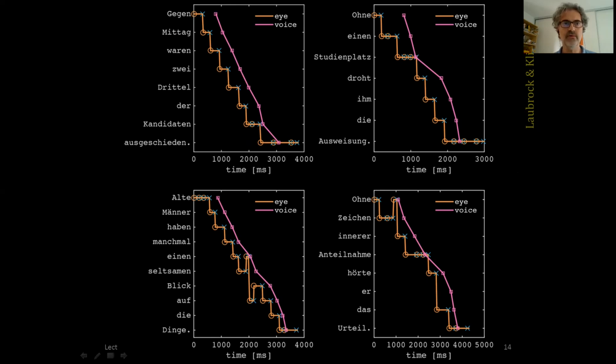So the eye is the orange line, and the first thing that happens when someone has to see this sentence, when this sentence is displayed on the screen, is to look at the first word. So time 0 is the first fixation somewhere on the first word. And then about a third of a second later, the eyes leave this word and jump to the next word. And about another third of a second later, the eyes leave this word and jump to the third word.